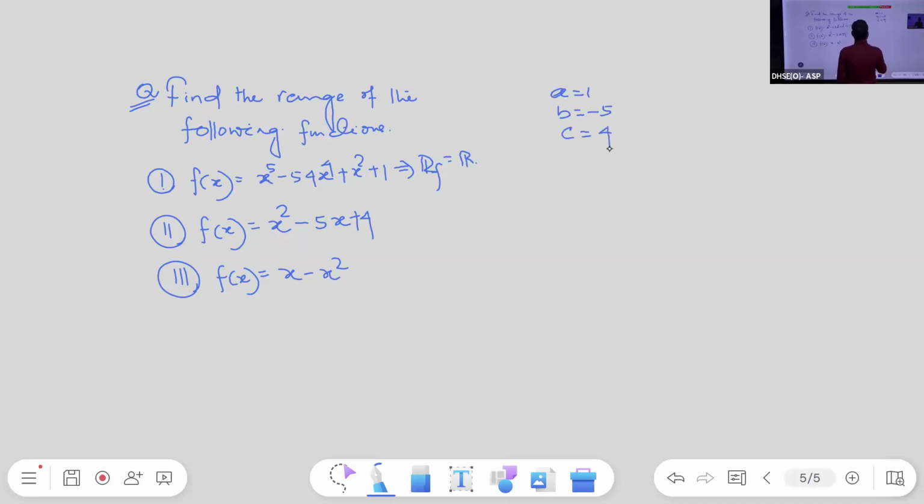The leading coefficient a is greater than 0. Hence, the range of the function is 4ac minus b square upon 4a to infinity. 4ac is equal to 16, minus b square is minus 25, upon 4a is equal to 4, to infinity.